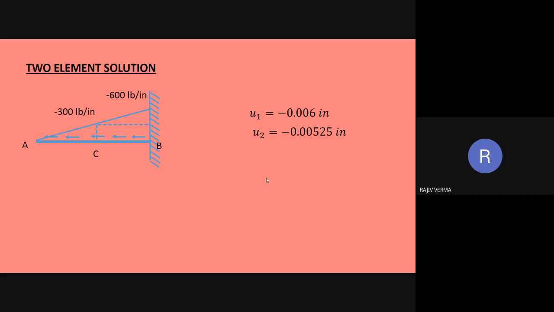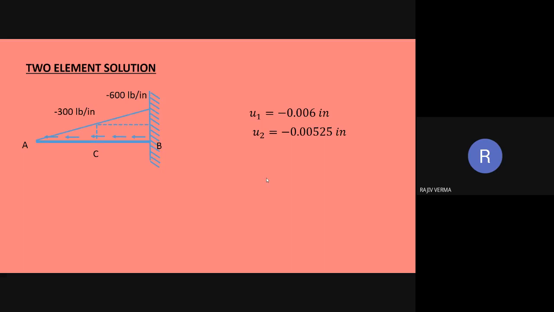Now once these two values have been found, you can actually find out the value of stresses in element number 1 and element number 2. It is worth repeating that element number 1 now is going to have a constant stress which is going to be different for element number 2, which in turn has a constant stress.